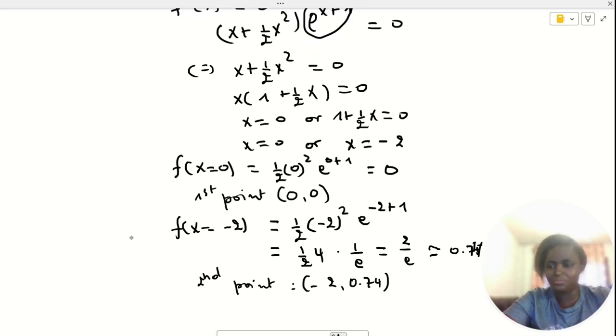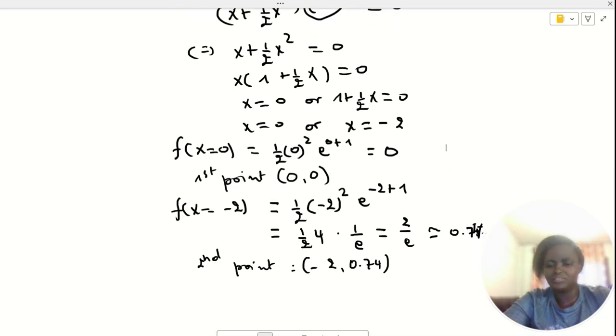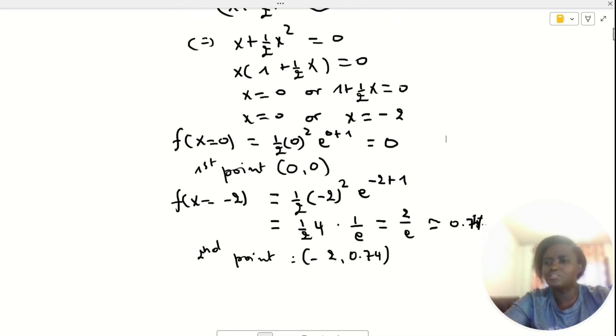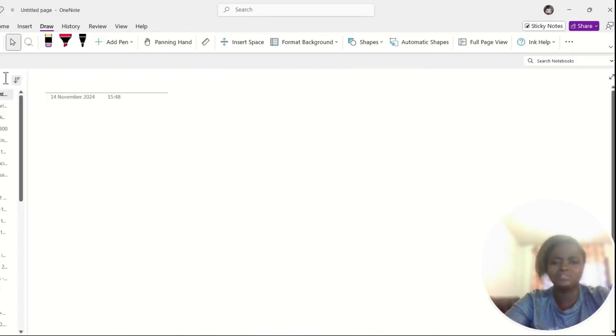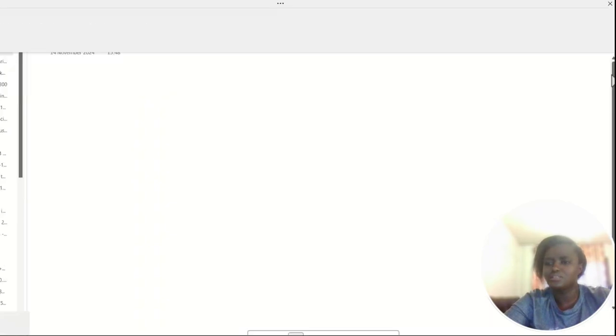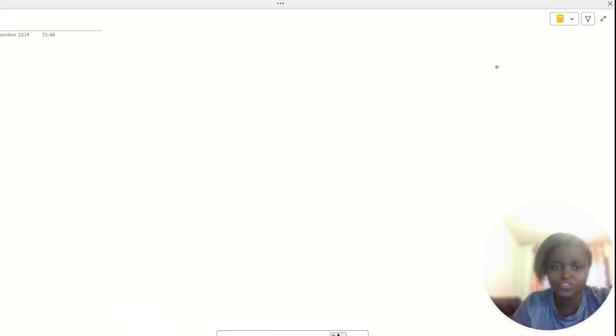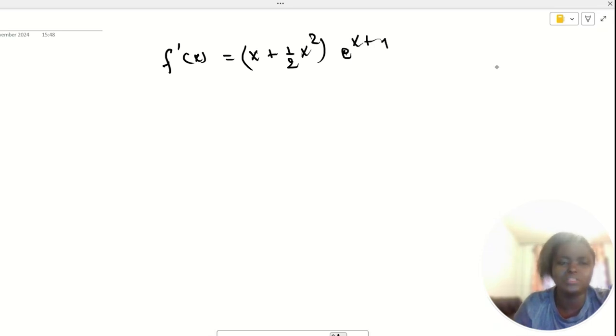Then let's go for the second derivative. Let me take another page. We compute the second derivative. The first derivative f'(x) was (x + 1/2 x²) times e^(x+1). So let's compute the second derivative.